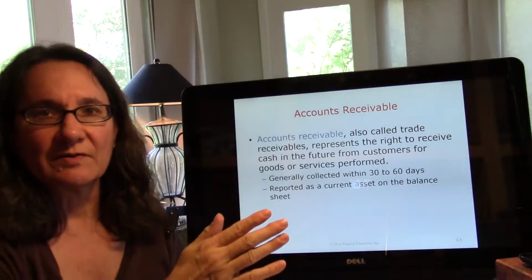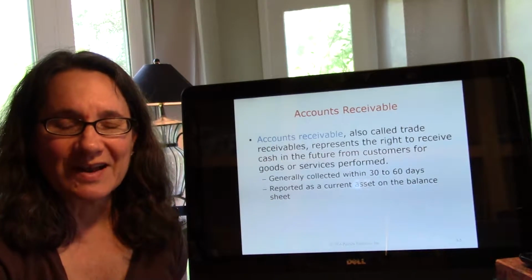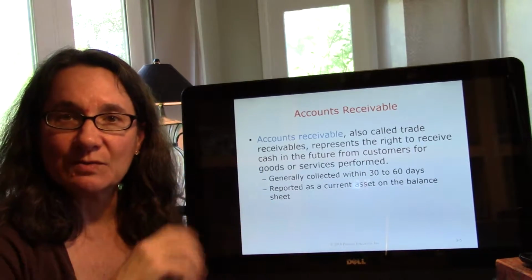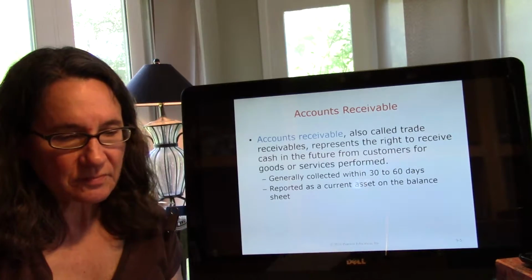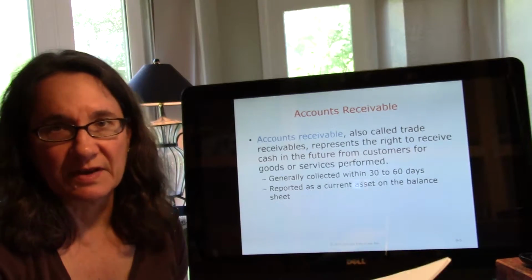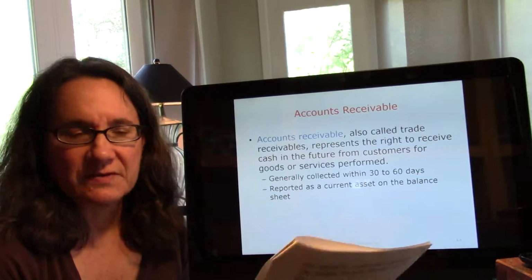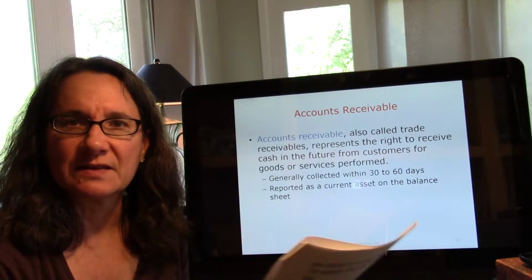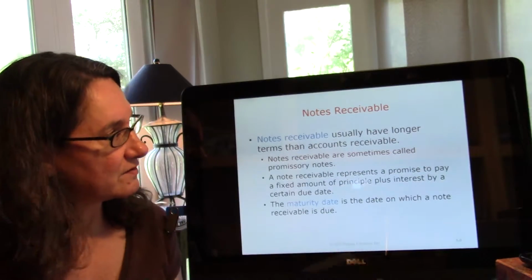This is what we've been writing, A/R, accounts receivable. We made a sale, so we recognize that sales revenue as the credit and we wrote accounts receivable as the debit. That's what we're talking about. Trade receivables is what some other people call them. We're going to call them accounts receivable. It means you sold something, people didn't pay you cash, and they're going to pay you within 30 to 60 days.